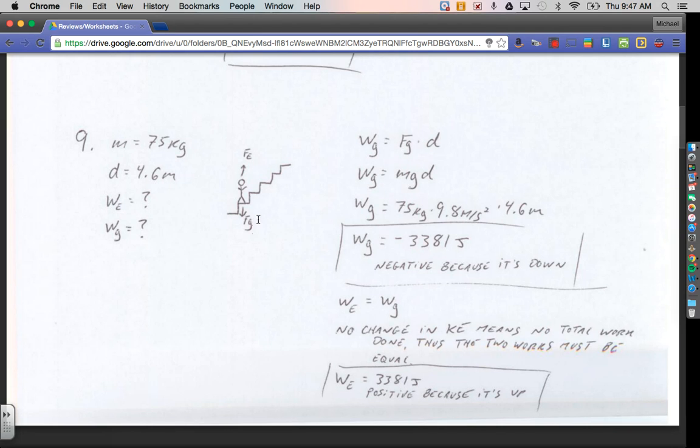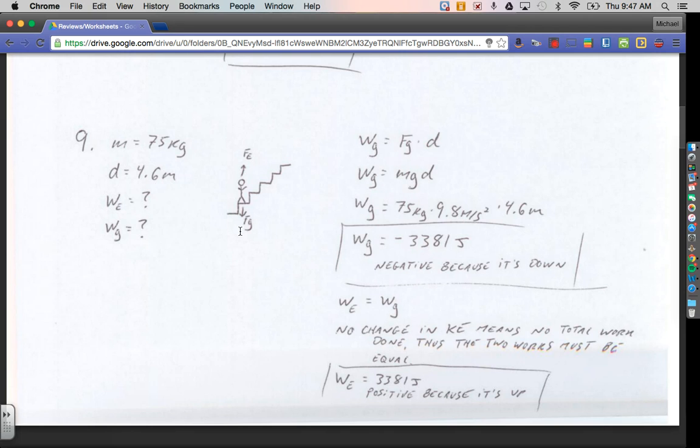Well, notice the force of gravity is downward and you're moving upward. They are in opposite directions. So when I plug in, my force of gravity is mass, which was 75 kilograms, G, 9.8 meters per second squared, and the distance upward was 4.6 meters. The work is negative 3,381 joules.